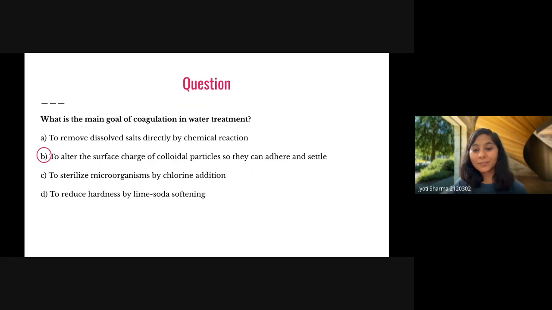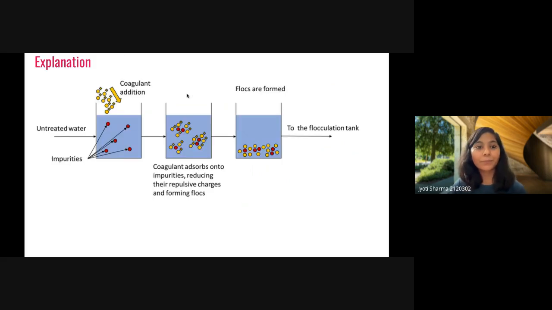Anyway, just see here. These are impurities, and impurities means it can be anything that has been suspended in your untreated water and that has the negative charge. If we are adding coagulant, this will reduce their repulsive charge.